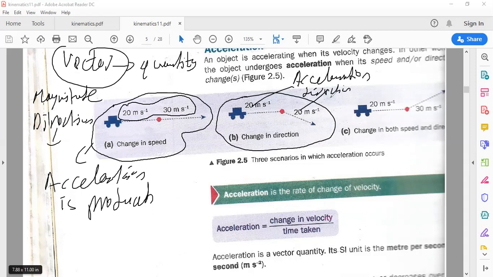Is this clear to everybody? In part B, there is no change in magnitude, so the change in speed is zero. But there is a change in direction, and acceleration is a vector quantity. So if a vector quantity changes in direction or magnitude, there will be a change in that vector quantity. Is this clear?